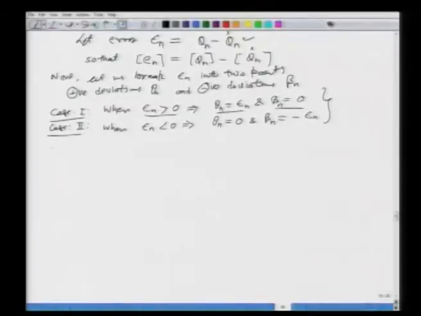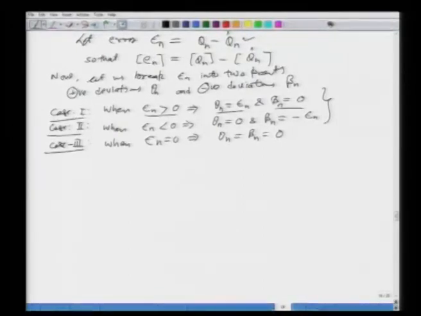If it is positive, you are calling it theta. If it is negative, you are taking one more negative and calling that beta. And then the third case is when your epsilon is 0, then theta n is 0, beta n is 0, and we have the perfect case.